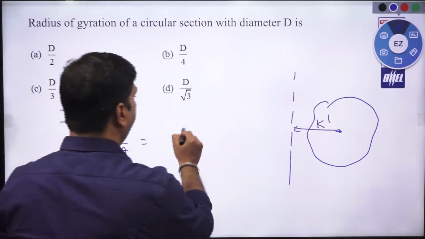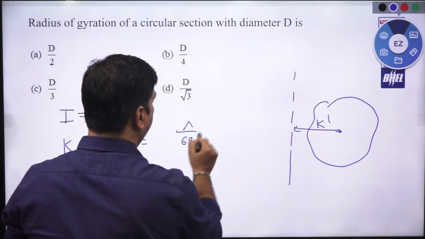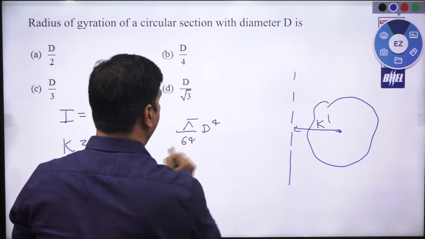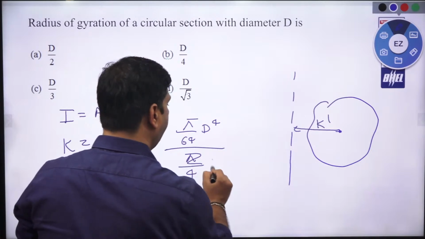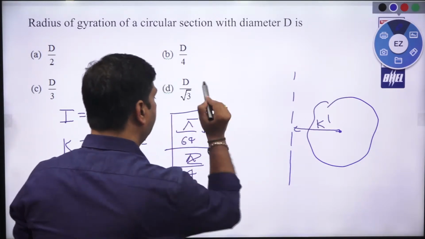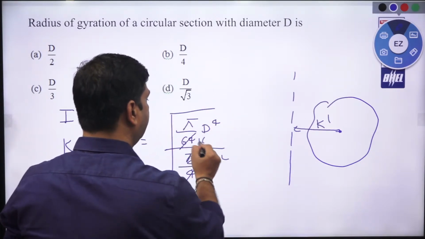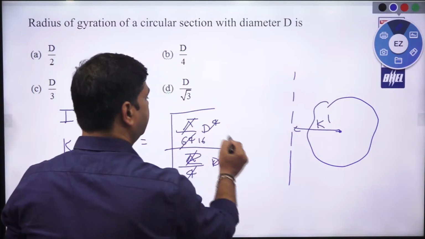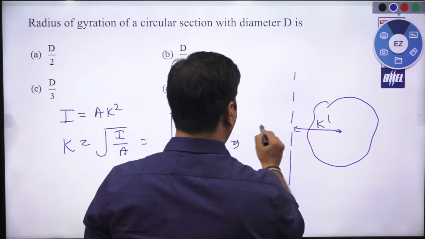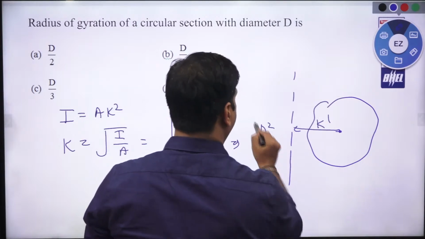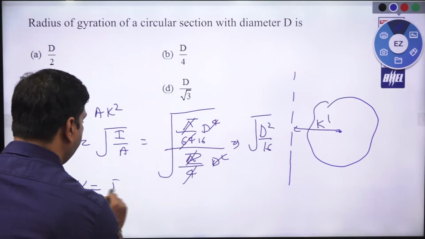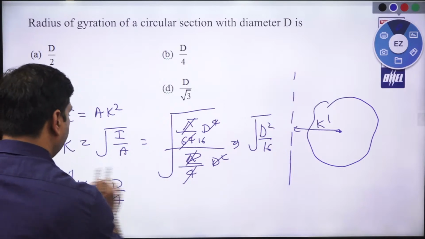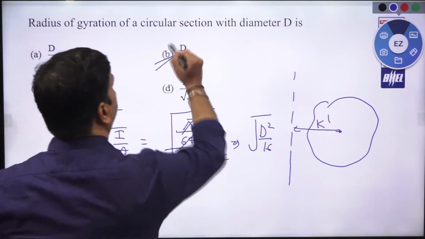So this comes to be pi by 64 into d to the power 4 divided by pi by 4 d square. Take the root of them. So this is 16, pi cancels with pi, and this comes to be root of d square by 16. So the radius of gyration comes to be d by 4. So option B is correct.